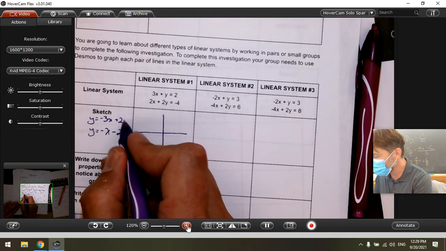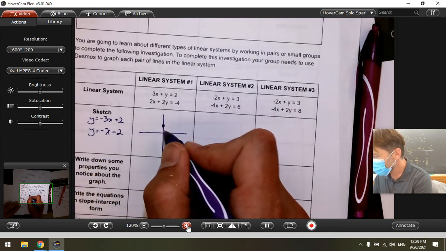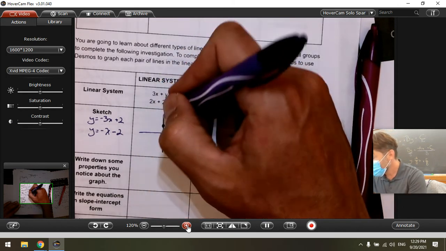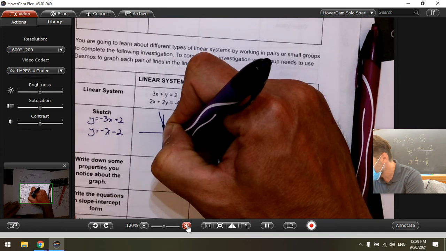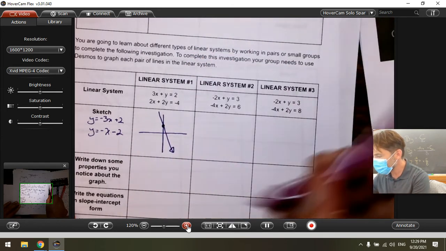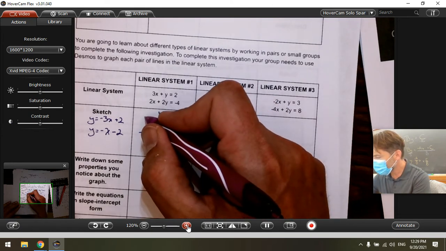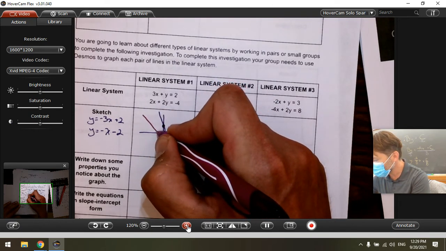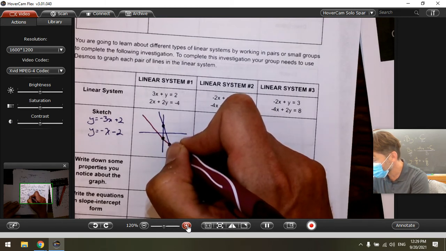My first one crosses the y-axis at positive 2 and is very negative slopey. It goes down very quickly. It goes down with a slope of minus 3. Okay. My next line crosses at negative 2, but is less slopey. It goes down sloping this way. And it's going to cross over here.